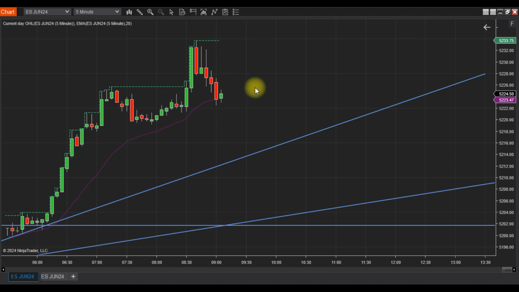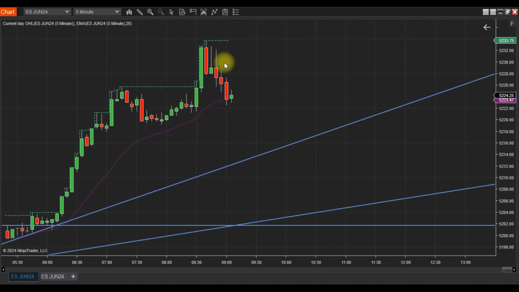But these bear bars don't have a whole lot of strength to them. This one closed as a large doji. This is a smaller doji. This one closed near its low. Some buyers at the 20 EMA. There is still a gap between this high and this low. Let's see, this high and this low shouldn't be one, right?